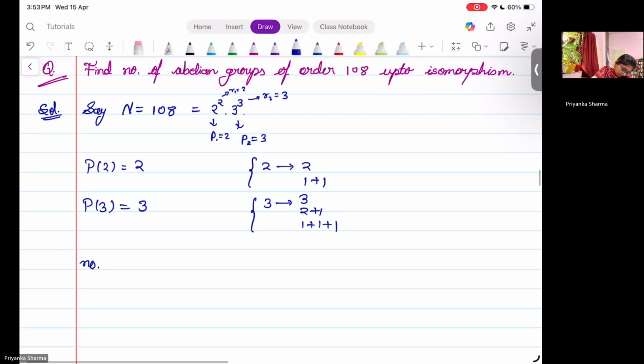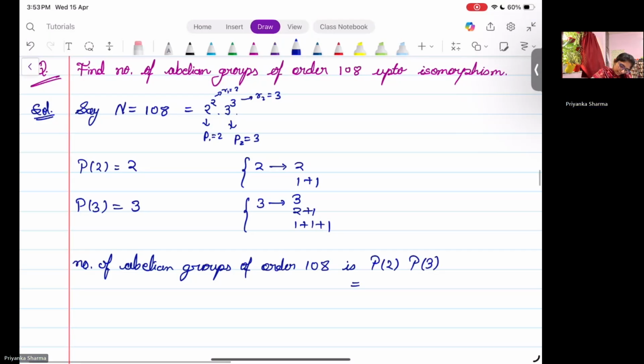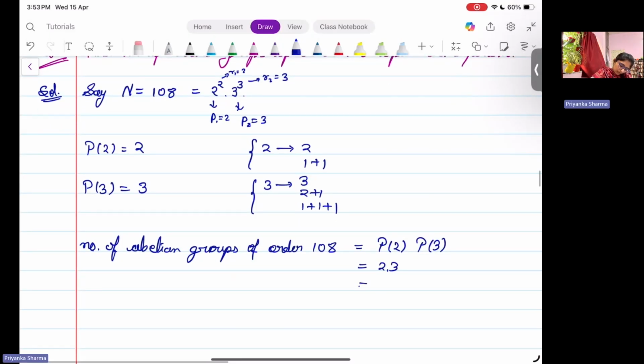So the number of abelian groups of order 108 is the number of partitions of 2 times the number of partitions of 3, that is 2 times 3, or 6.